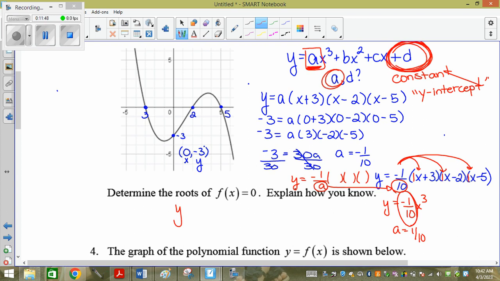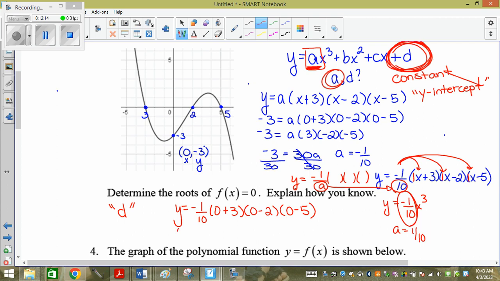So I would have -1/10, 0 plus 3, 0 minus 2, 0 minus 5. And then I can find the y-intercept, which is just the D. I don't have to expand the whole thing out. A is my leading coefficient. I can find it quickly by multiplying it by all the x's. The y-intercept, I just need x = 0.